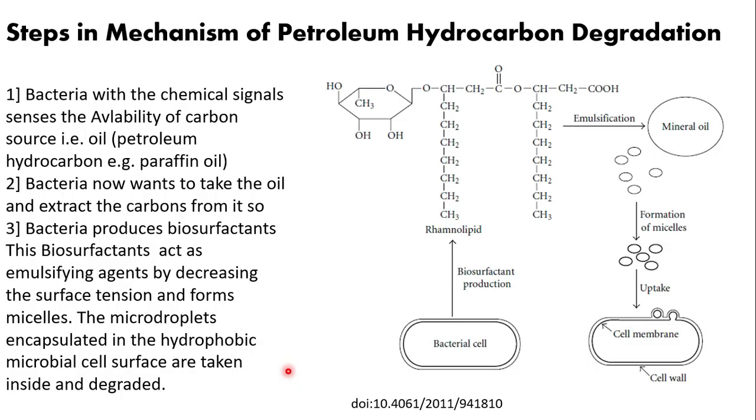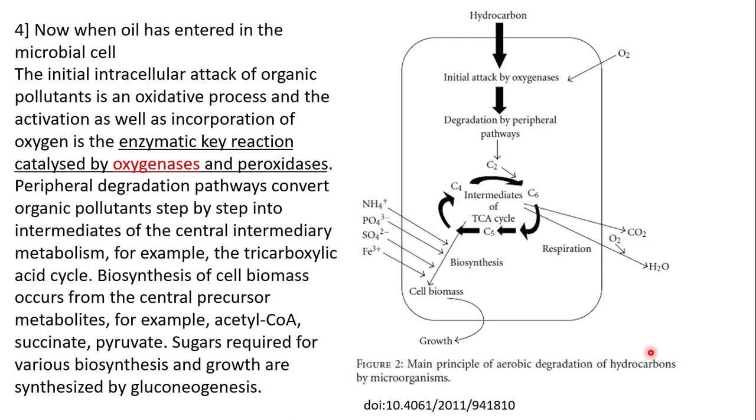In this slide, you have seen that the micro droplets of oil are taken up inside the cell membrane, and in the next slide we will see what happens to this oil after entering the microbial cell. As in the diagram, the hydrocarbon, that is the oil, is taken in. It will first face the attack of oxygenases.